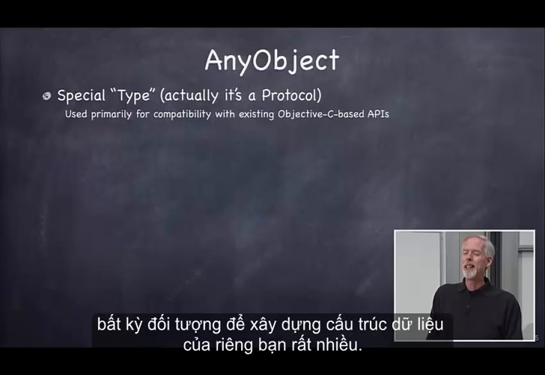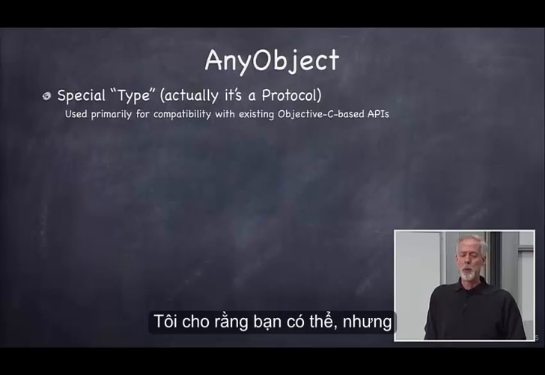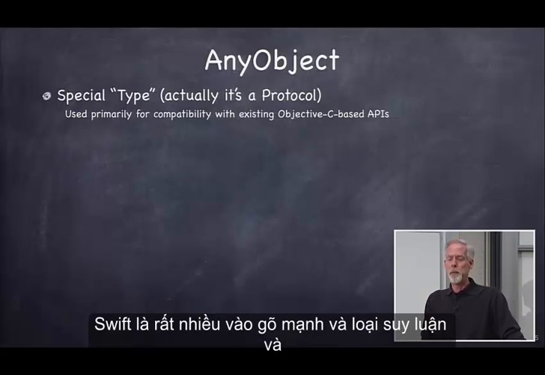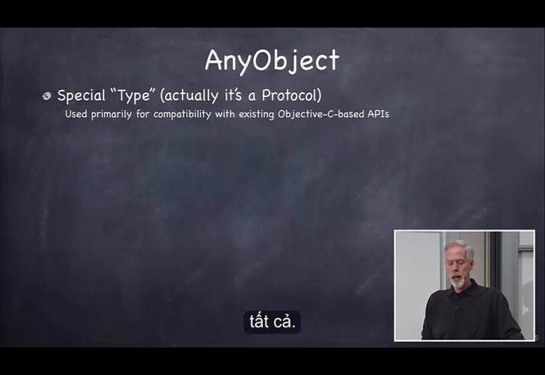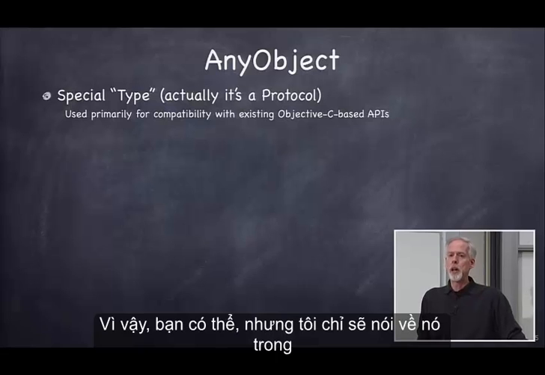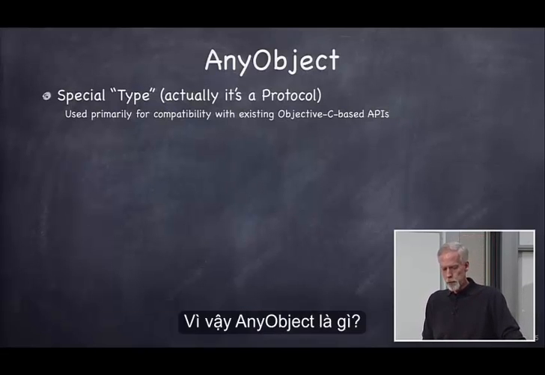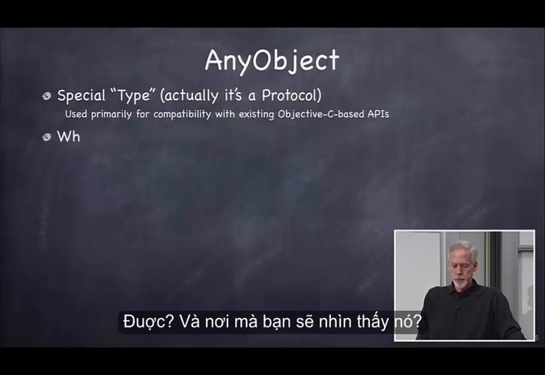Okay, you're really not going to use AnyObject to build your own data structures very much. I suppose you could, but it'd kind of be, again, kind of anti-Swift. Swift is very much into strong typing and type inference and all that. So you could, but I'm only going to talk about it here in the context of using it as this compatibility thing.